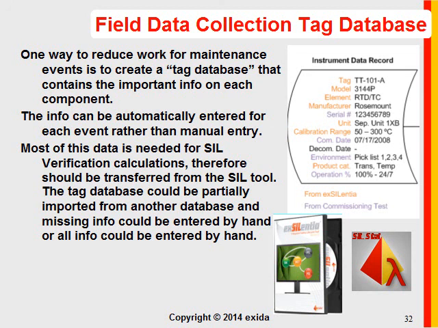And you see an example here on the right-hand side, a lot of this information you know from your SIL verification. You may know calibration ranges, you may know a particular model number, in this case a temperature transmitter, you may know a specific tag and so on. So a lot of this information is already known when you come up with your conceptual design.